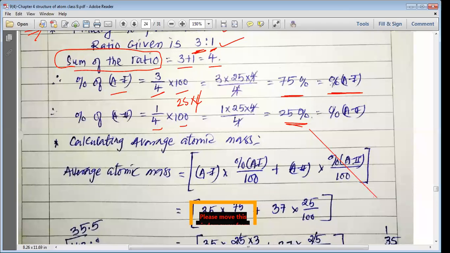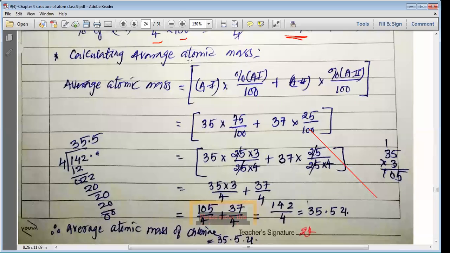So now we have the value of percentage A1 and percentage A2. Now we can simply write the formula to calculate the average atomic mass, that is, average atomic mass is equal to A1 multiplied by percentage of A1 divided by 100 plus A2 multiplied by percentage of A2 divided by 100. A1 is 35 and percentage of A1 is 75 divided by 100.